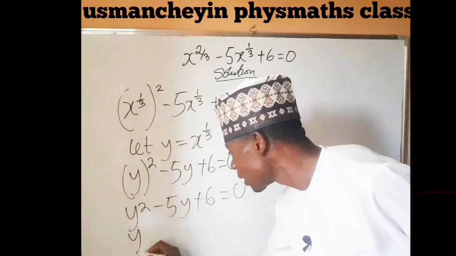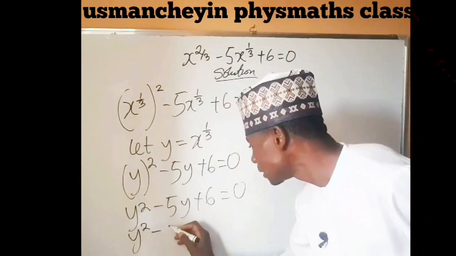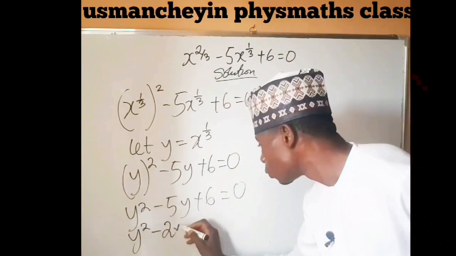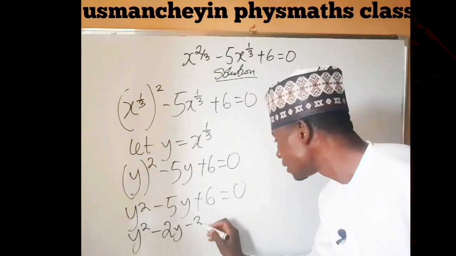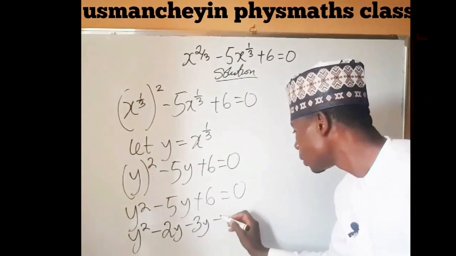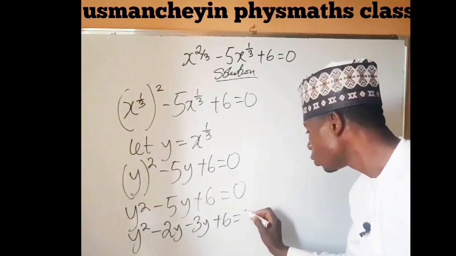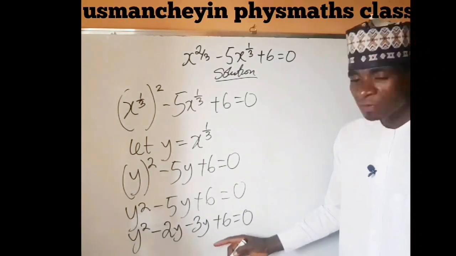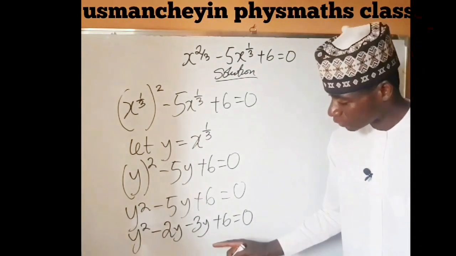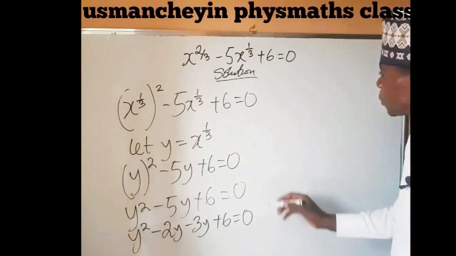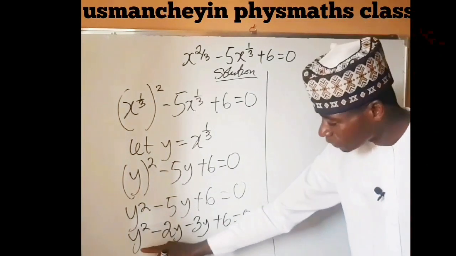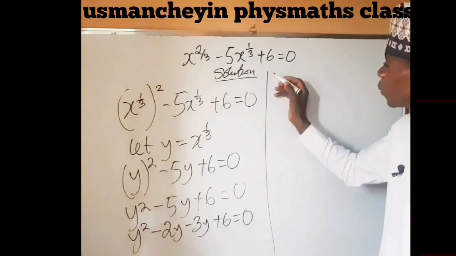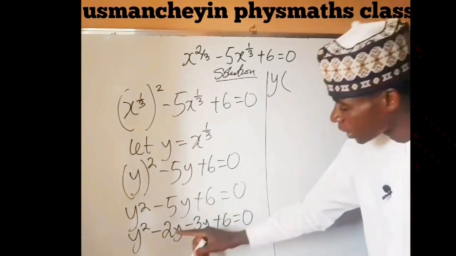So we'll be having y squared minus 2y minus 3y plus 6 equals 0. At this very point, we can then factorize. We factor out the common factors. So in this first case, we factor out y because y is common.